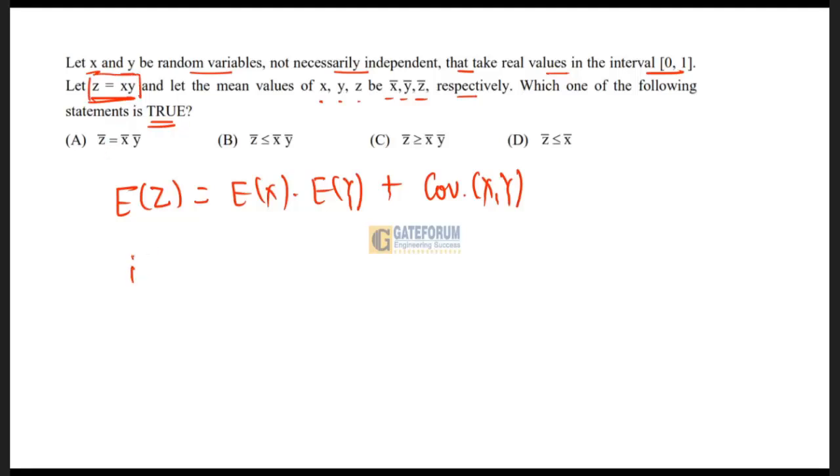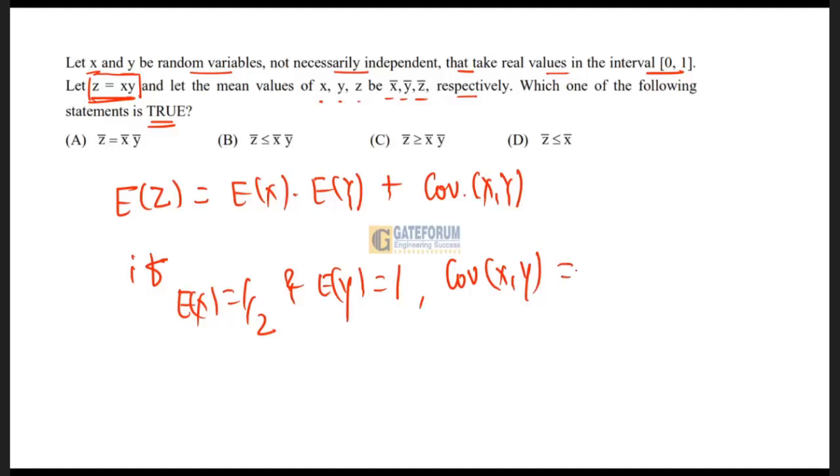And let's say if E of x equals 1 by 2, and if E of y equals 1, then covariance of x and y will be 1 by 4. Correct? So in this case, the z bar will be greater. So D is not going to be the answer.